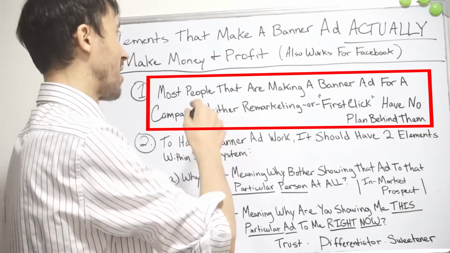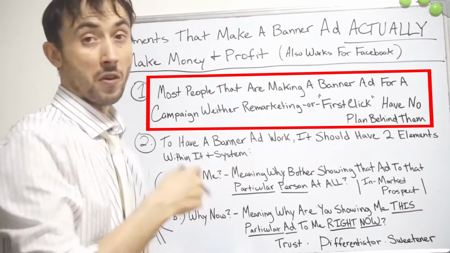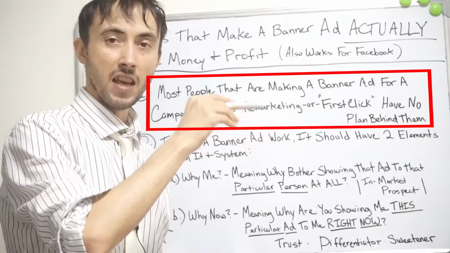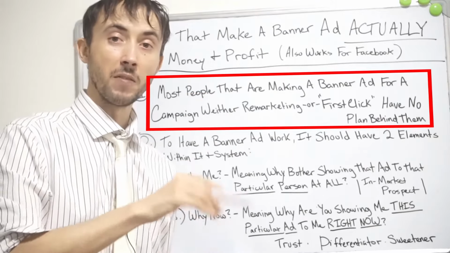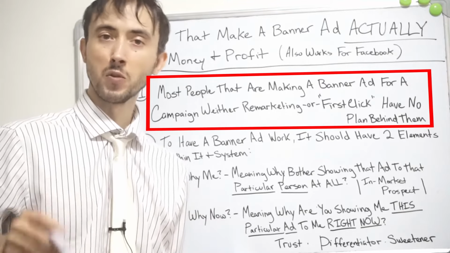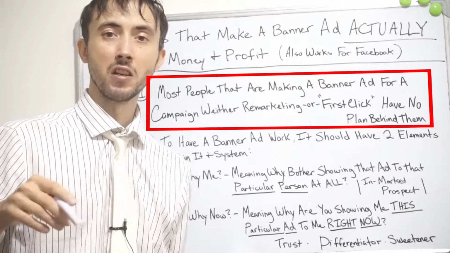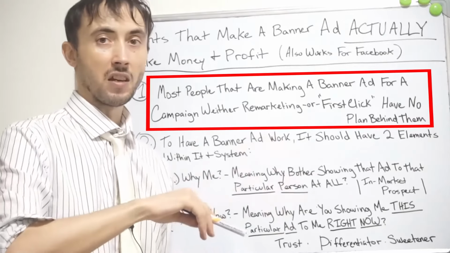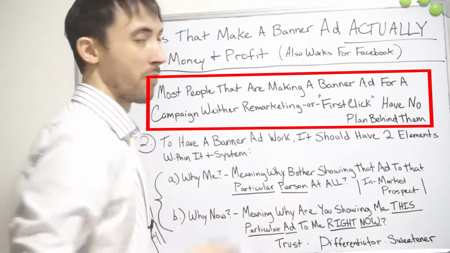most people that are making a banner ad for a campaign, whether you're doing remarketing, which, if you don't know what that is yet, is a banner ad that shows up for people after they left your site, and only if they left your site, or you could clarify that as somebody who already subscribed to your business in some way, or as a current customer or client, and you have the ad show up for them, as opposed to anybody that has not had a relationship with your brand yet, or what I call the first click.